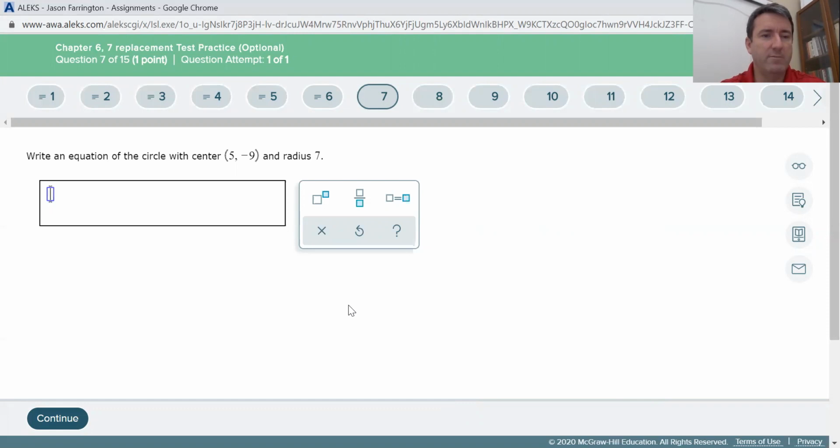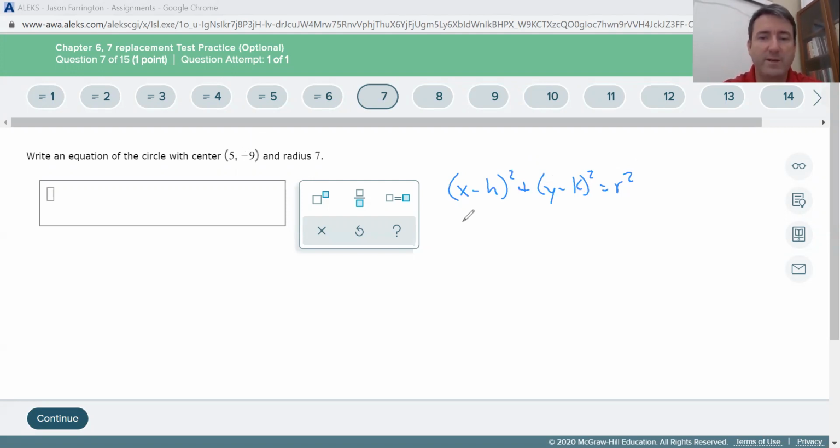All right, write an equation of the circle with center 5, -9, and radius 7. So the equation for a circle is x minus h squared plus y minus k squared is equal to r squared, where h and k are the coordinates of the center, and r is the radius.